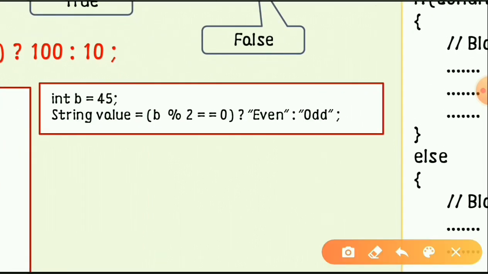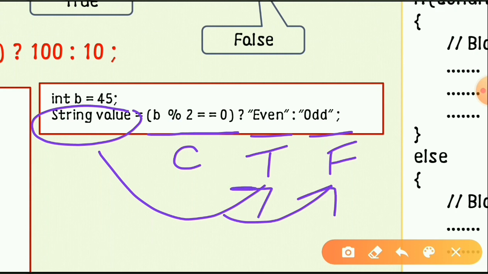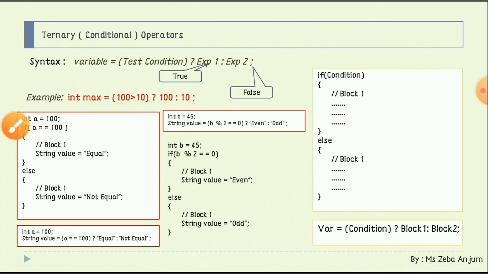Over here we are having b modulus 2 equal to 0. Basically this is your condition. Even is your true block, and odd will be coming in your false block, and the string value is holding these values. Both the values will be held by this string value. So please write down the appropriate ternary operator for the same and check your answer with mine.